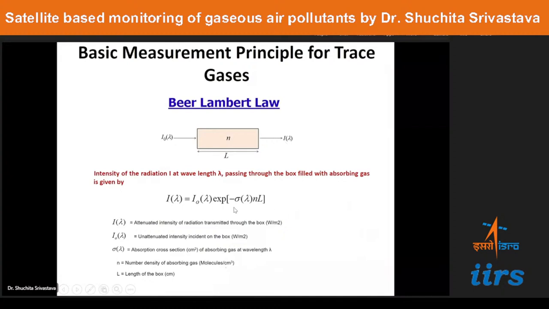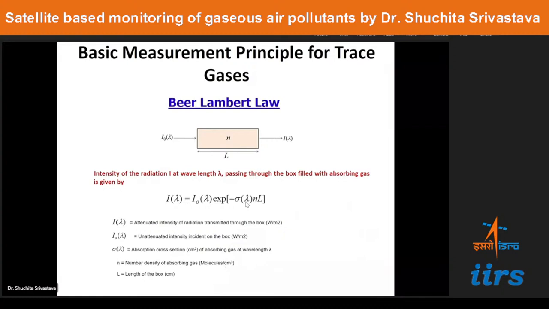Here you can see the equation which is called the Beer-Lambert law, which explains the relationship between transmitted energy and incident energy. I lambda is equal to I0 lambda exponential minus sigma lambda n L. Here, sigma lambda is an intrinsic property of the absorbing gas, and it depends on wavelength because each gas absorbs specific wavelengths.